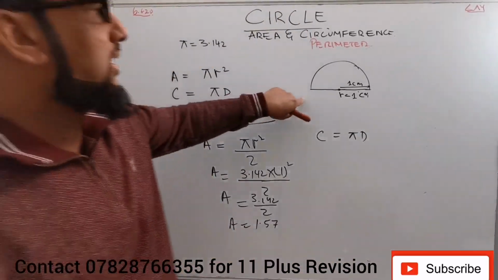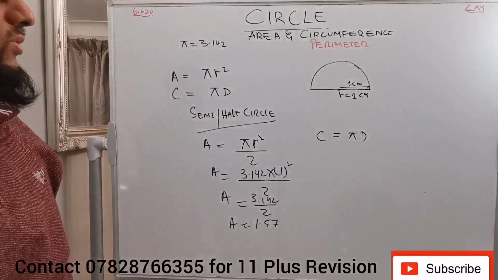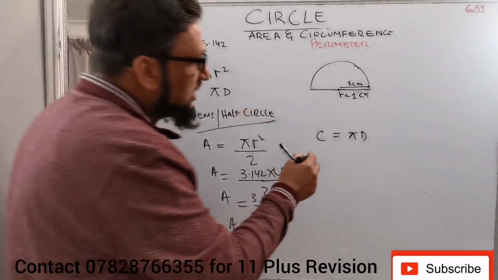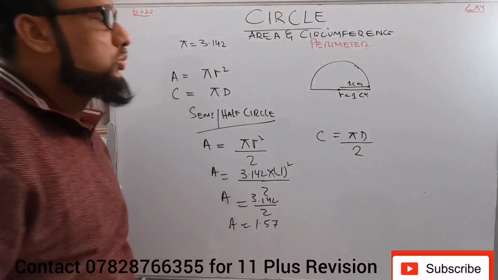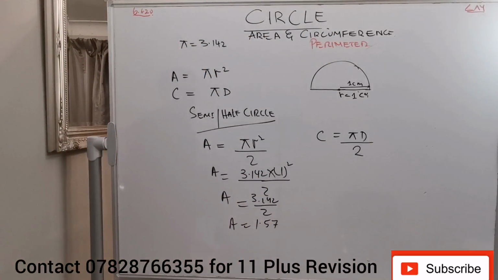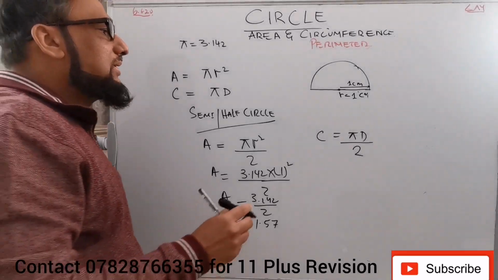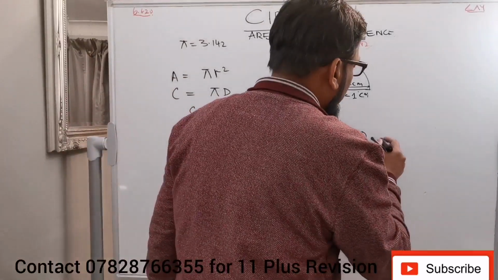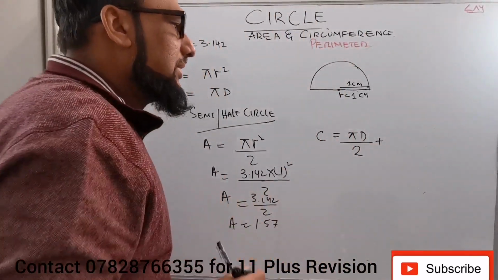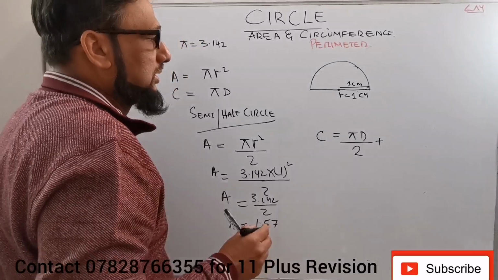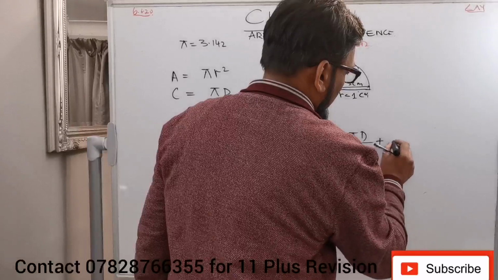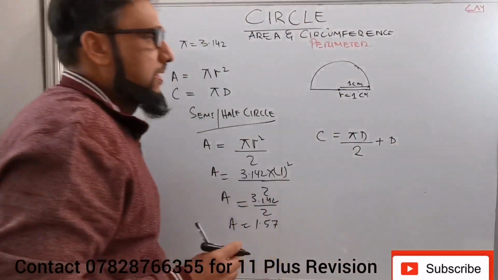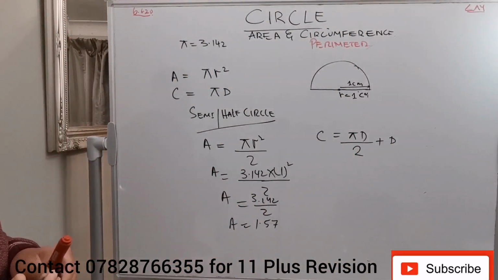But we need to find it for the half circle. So first we divide by 2, and then we need to add d. Why d?